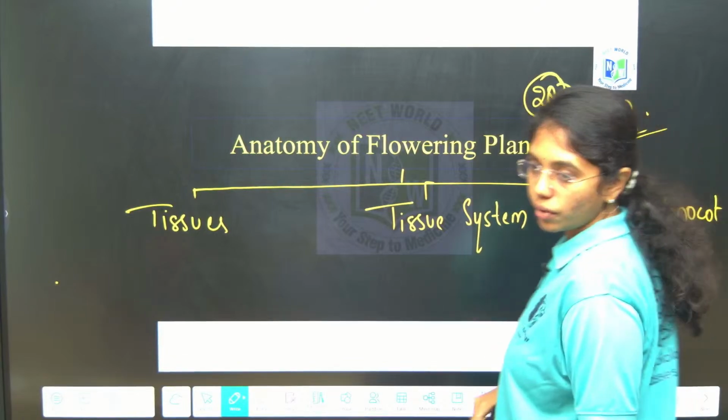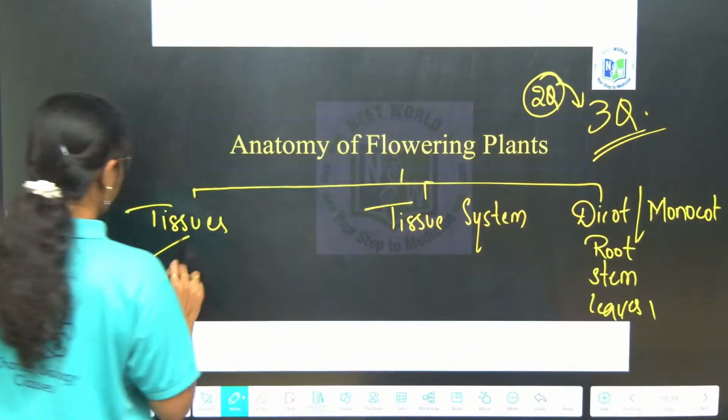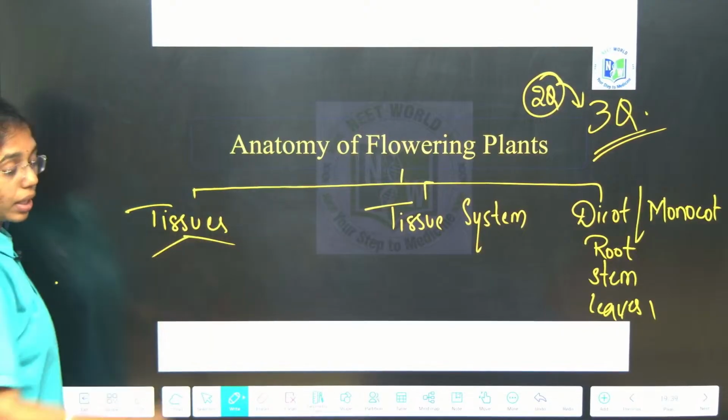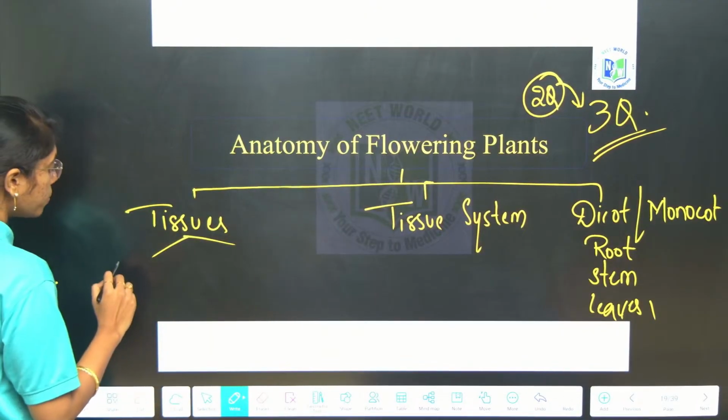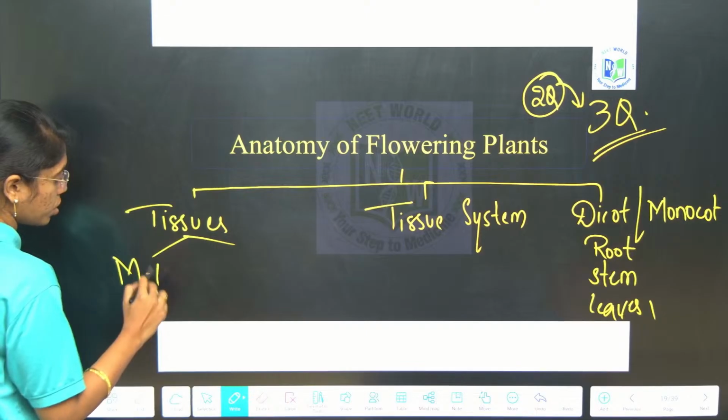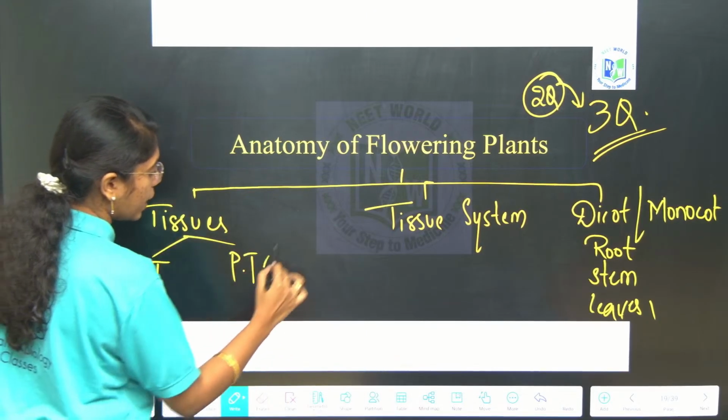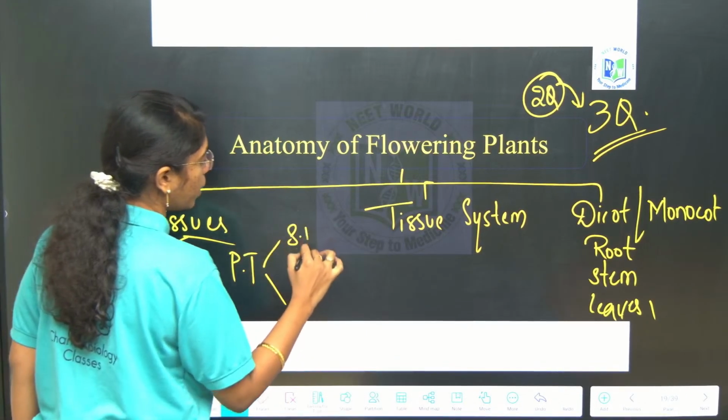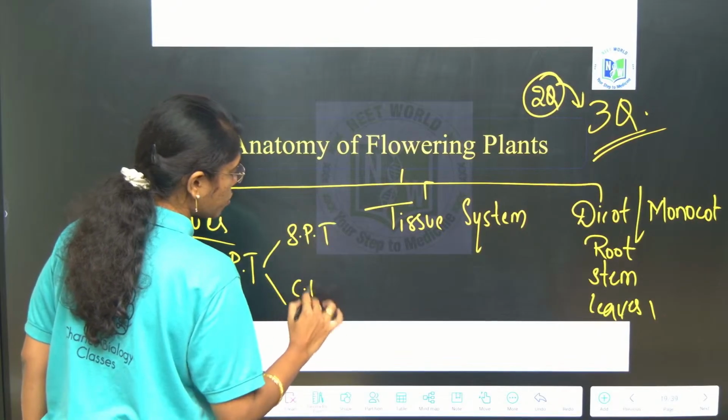2 to 3. Okay, tissues. Now we will learn the classification of tissues: meristematic tissues and permanent tissues. Again, in permanent tissues we have simple permanent tissues and complex permanent tissues.